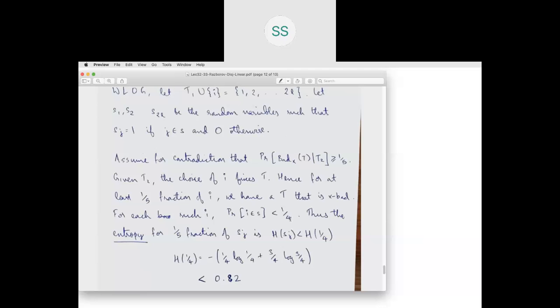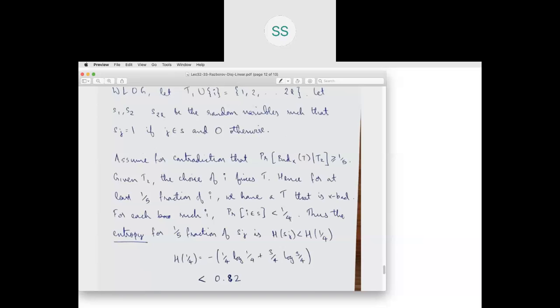Basically, it is the amount of information contained in some randomness, and we have already seen it in one of the proofs, where we just stated that h of x is equal to minus x log x minus 1 minus x times log of 1 minus x.